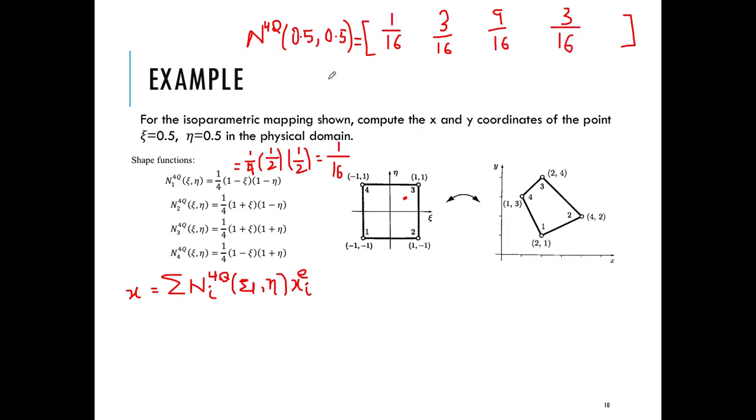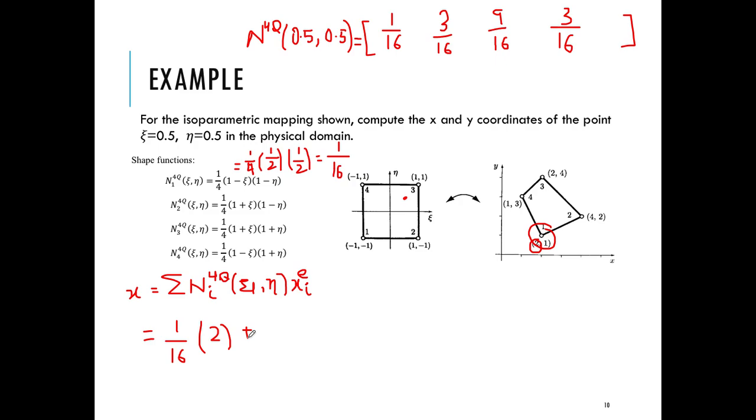Great. Now that I have my shape function matrix, I can jump to finding my x physical coordinate. That gives me this interpolation. N1 multiplied by x1 clearly, so 1 by 16 multiplied by x1, and for x1 I need the coordinate, which is 2.